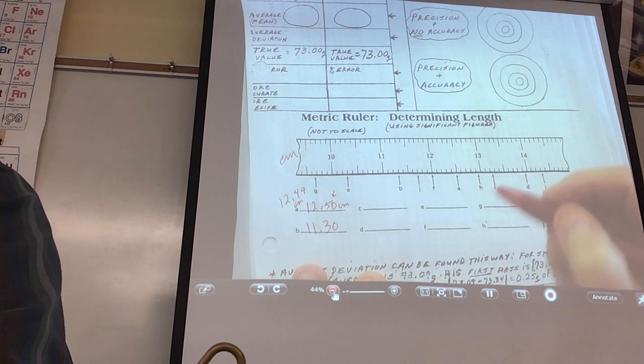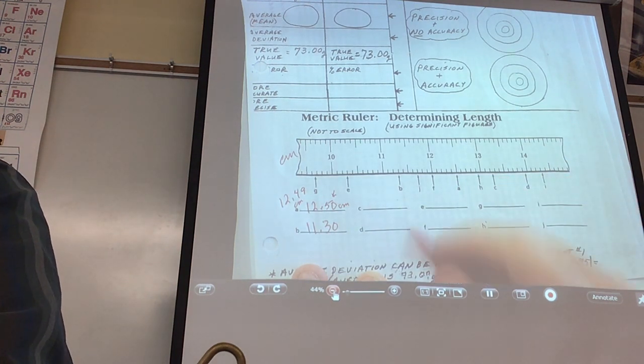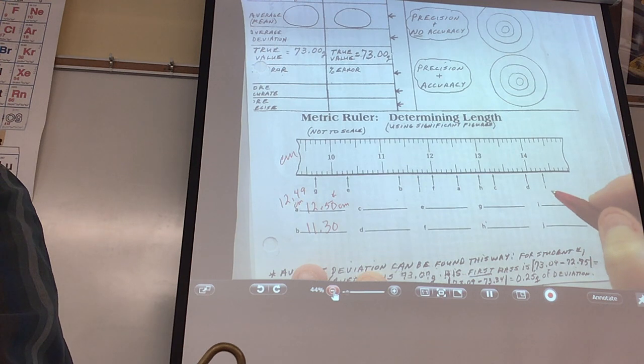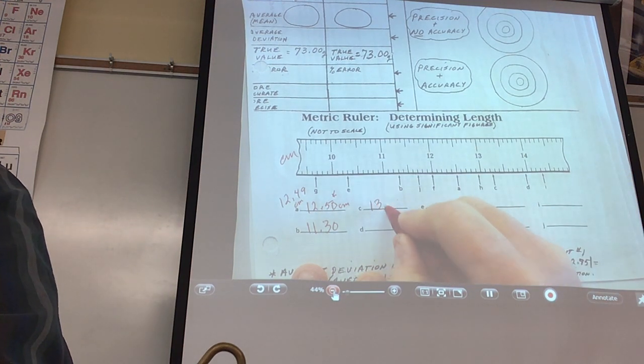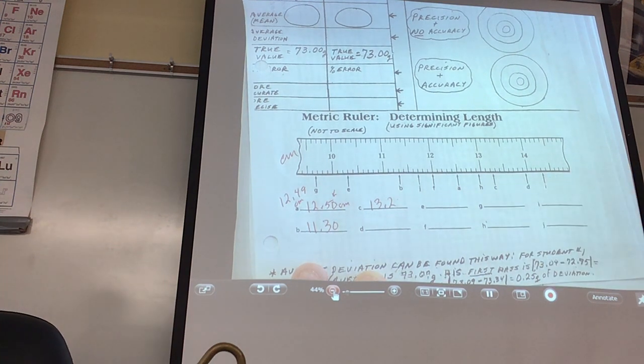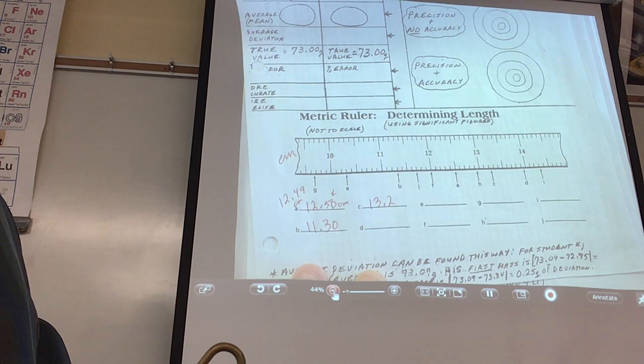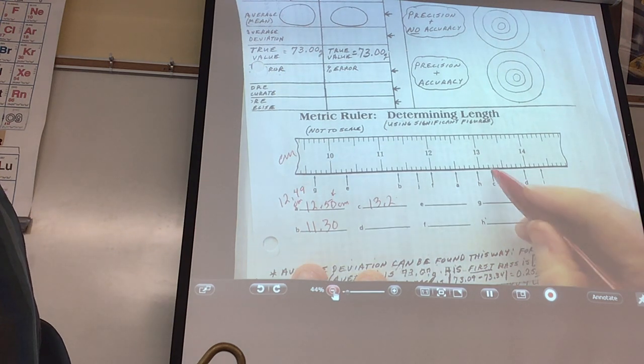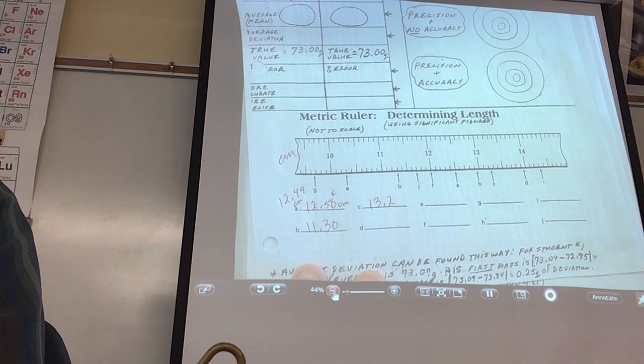Okay, let's do C. I got 13.21. 13 point what? 21. Okay, let's take a look. Now, this is my opinion. What's halfway, Sean, between this line and that line? 13.5, right? This is getting kind of close to halfway, isn't it?